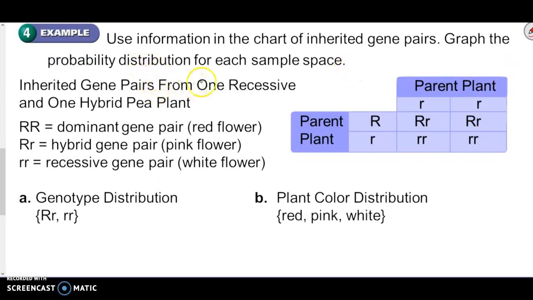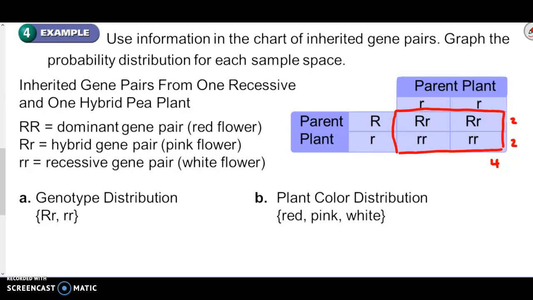We have an inherited gene from one recessive and one hybrid. So we're looking at these, and this is lowercase r, capital R, lowercase r. So these are my possible outcomes. We have a total of 4 possible outcomes. There are 2 capital R, lowercase r, and there are 2 lowercase r, lowercase r.